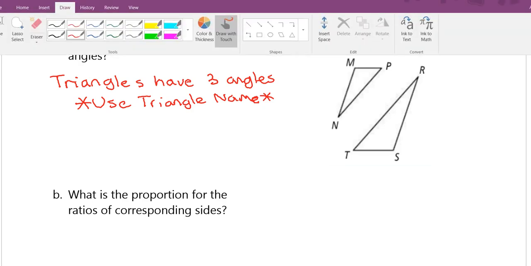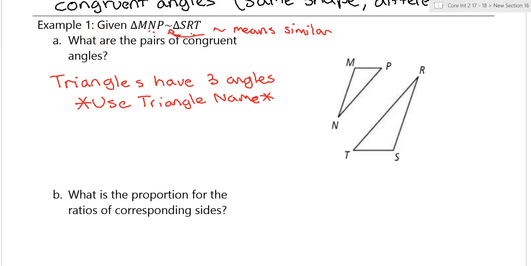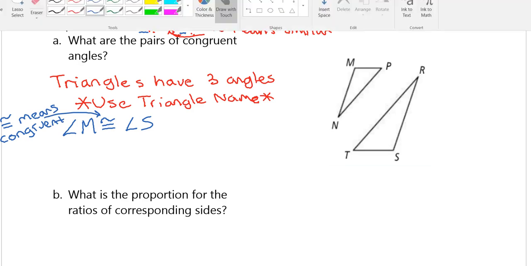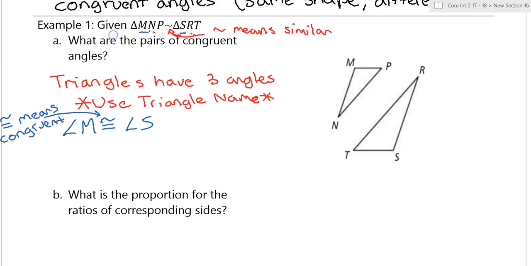So I'm going to say angle M, which is my first letter, is congruent, that's our congruency symbol, to angle whatever my first letter is in the second one. Okay, so that little squiggle mark means congruent. I'm going to keep doing this with my other letters of my triangle as well.